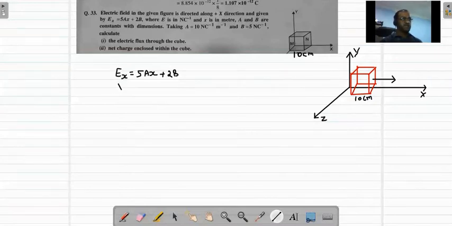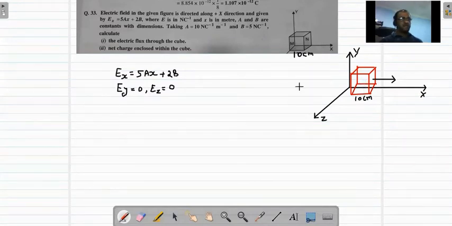We can write Ey equal to 0, the component of electric field in y direction is 0. And Ez also is equal to 0. In z direction also there is no electric field. Got the point?